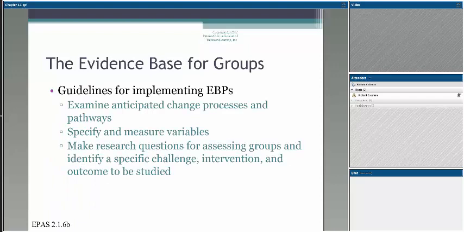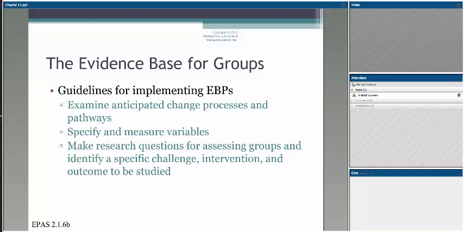We need to spend some time talking about evidence-based practice, and you'll hear that terminology quite a bit as you matriculate through the program. Recognize that it's a very important aspect of social work as we are moving to much more of a research-based profession. As we set up our groups, we think about ways to ask research questions to gather evidence on whether this particular format, group structure, or methodology is actually effective.